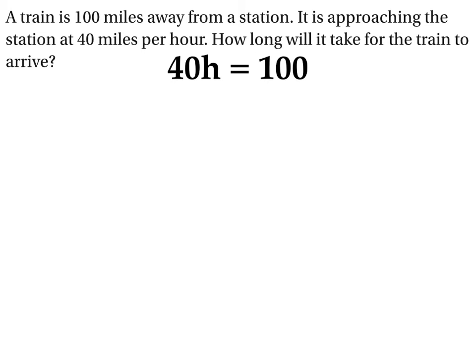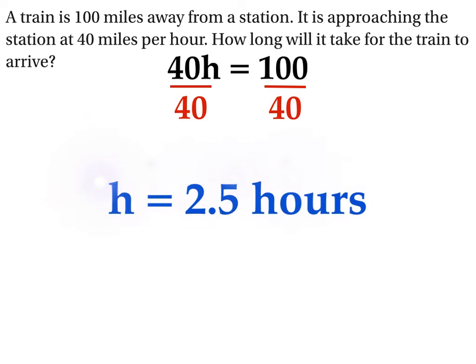So I'm going to multiply 40 times h, which is going to represent the number of hours, which is how long it will take the train to arrive, and set it equal to 100 because that's how far the train has to travel. To solve this equation, we would divide both sides by 40. 100 divided by 40 is 2.5. So it would take 2.5 hours for the train to arrive to the station.